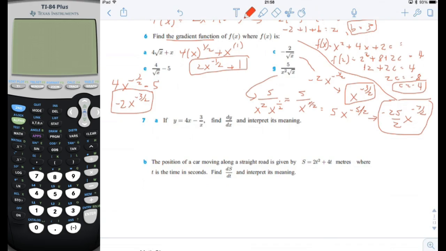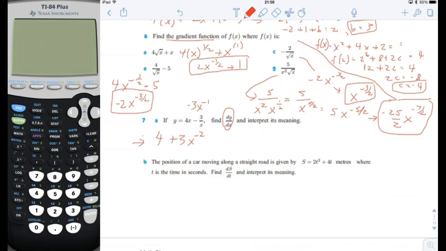All right. 7a. If y equals 4x minus 3 over x, find the derivative and interpret its meaning. Let's find the derivative first. The derivative of 4x is going to be 4. The derivative of negative 3 over x, which is the same thing as negative 3 times x to the negative first, is going to be plus 3x to the negative second.